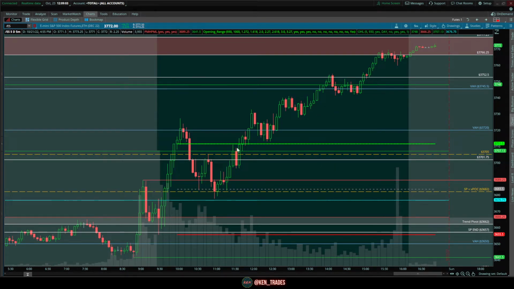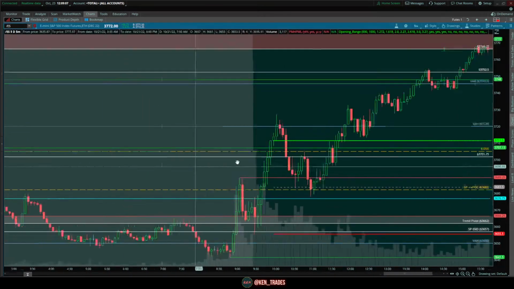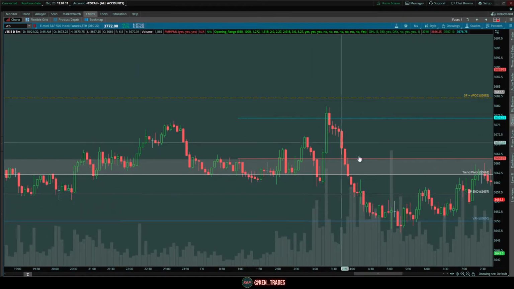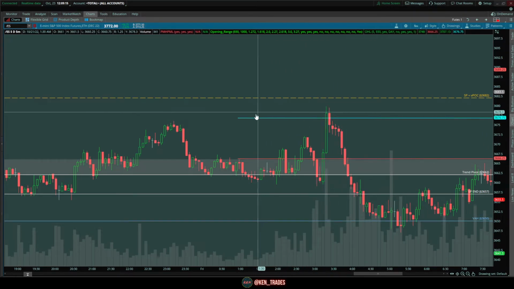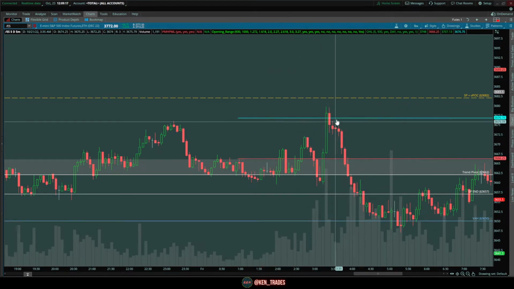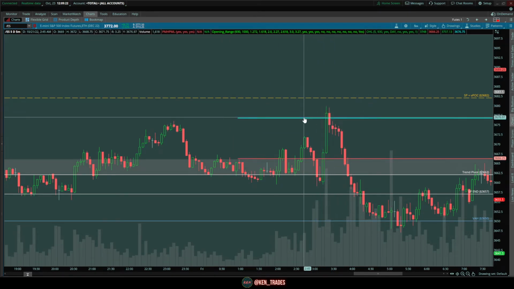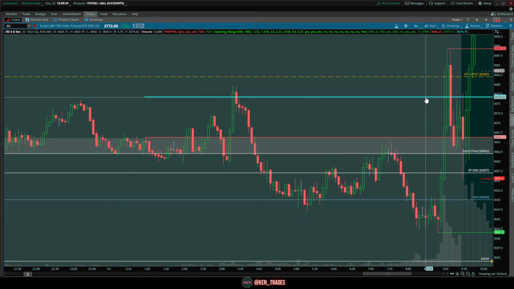And then previous day close. Previous day close is a very important level. Why? Even this trade over here, the short that I took, we could not build above previous day close. So it's a very decent place to go short or exit your longs. So remember, previous day close.